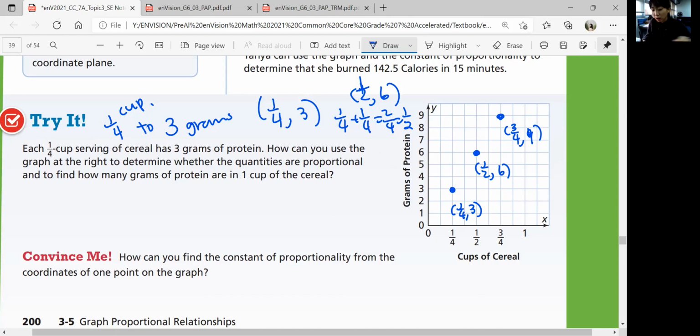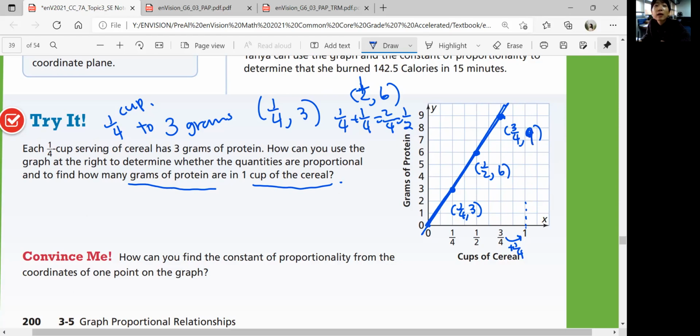And you can start from 0, 0, and then go through all these points. Okay, that is your line. So how many grams of protein are in 1 cup of the cereal? So we want to figure out the 1, right? 1 is another 1/4 cup added from 3/4.